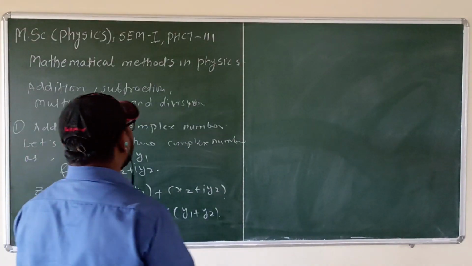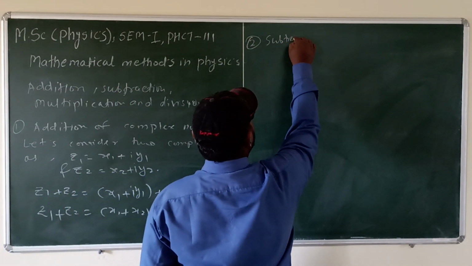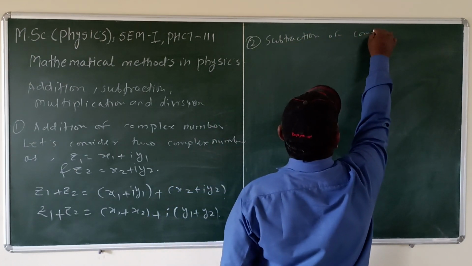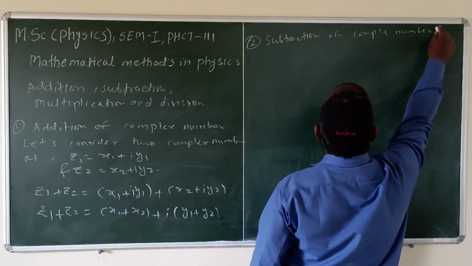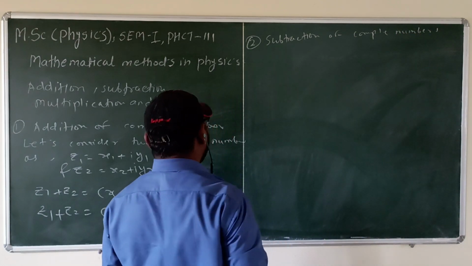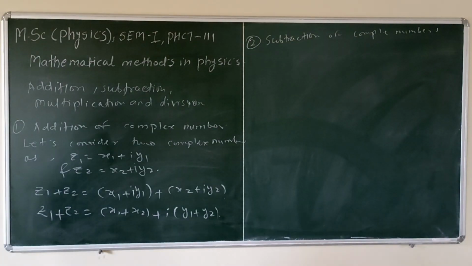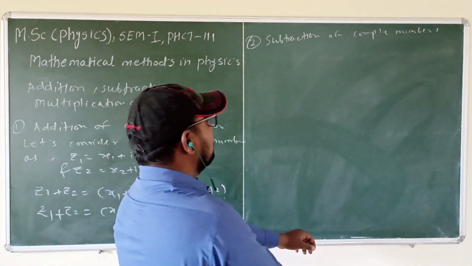Now we study the second point, subtraction of complex numbers. As we have considered two complex numbers, z1 is equal to x1 plus i y1 and z2 is equal to x2 plus i y2.